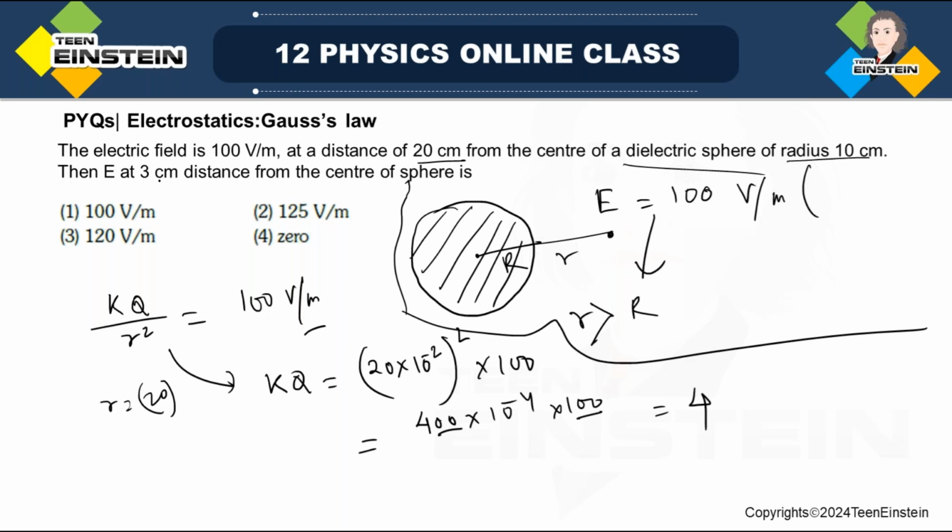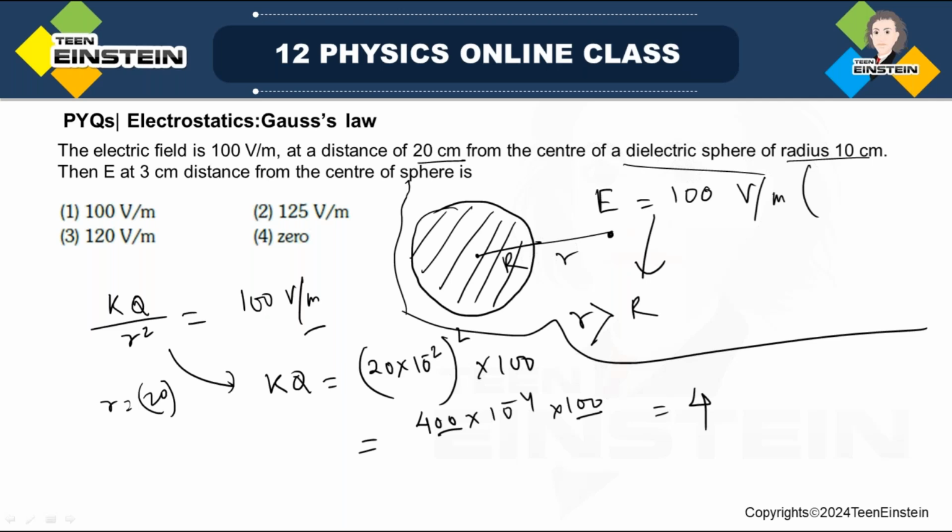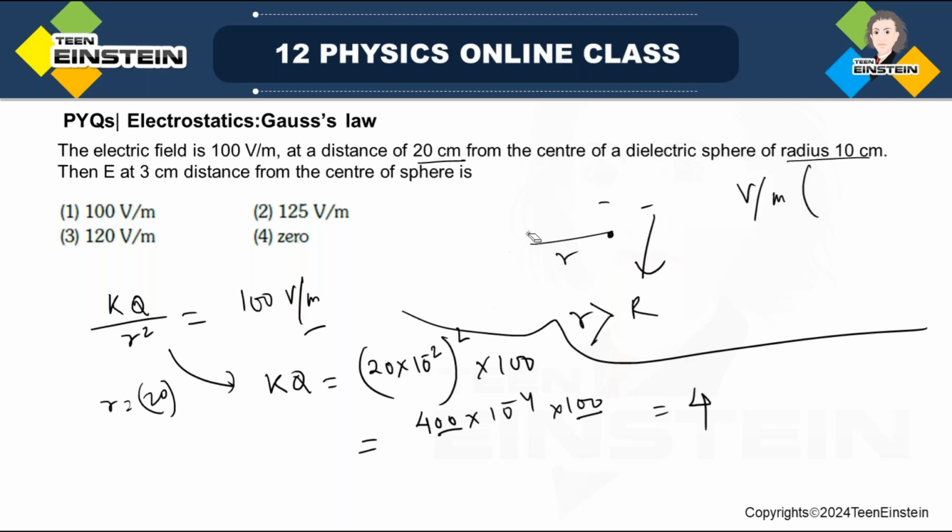Now we have to find out the electric field at 3 centimeter. Let me write down the expression. We have already written down the expression for any internal point of a solid sphere. So the electric field at the internal point: this is 3 centimeter, but the radius is 10 centimeter.